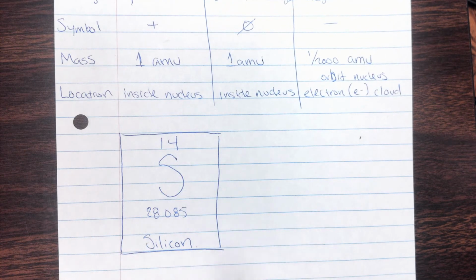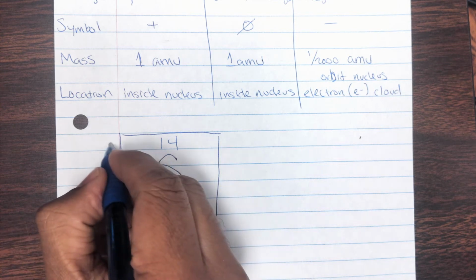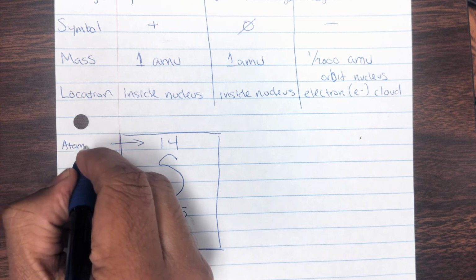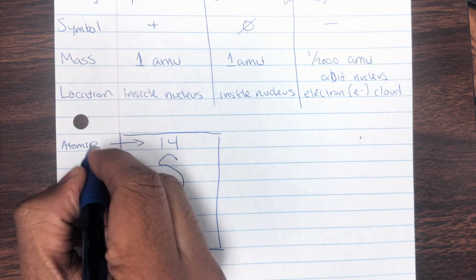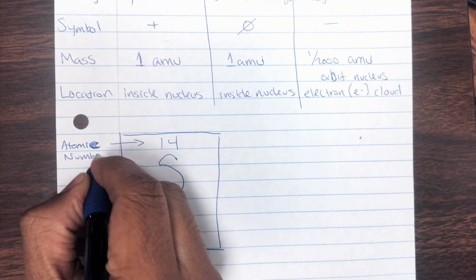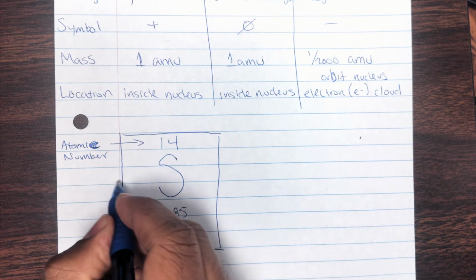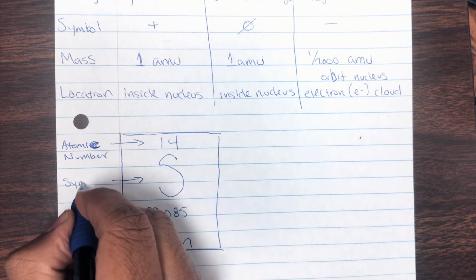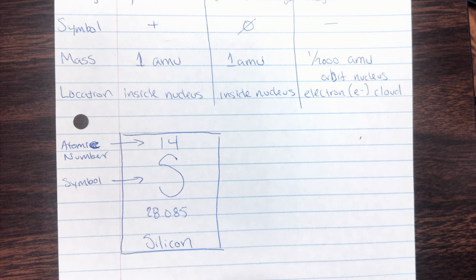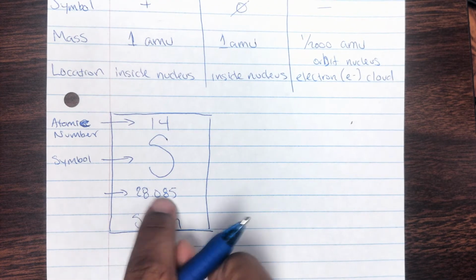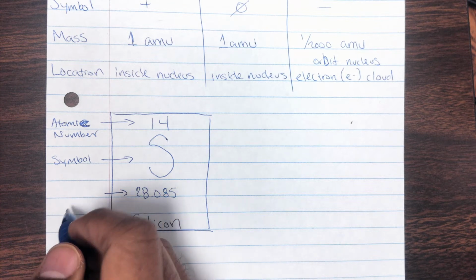So this top number right here is the atomic number. This big letter is called the symbol, or element symbol. This number right here, this bigger number with the decimal, is called the atomic mass.